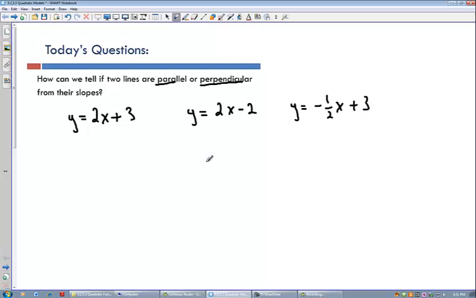Two of these lines are parallel and two are perpendicular to each other. Let's take a look. How do we know if two lines are parallel? From their slope. The idea is that the slope is the same.